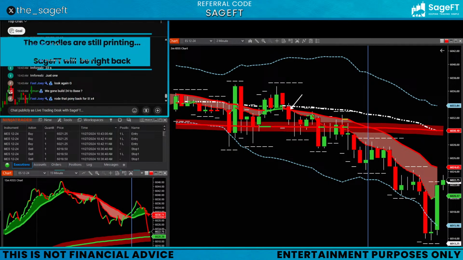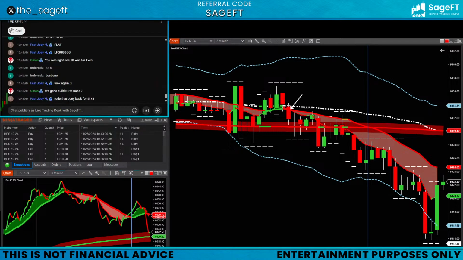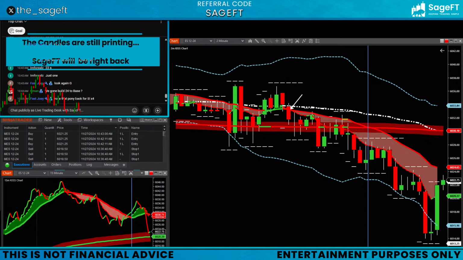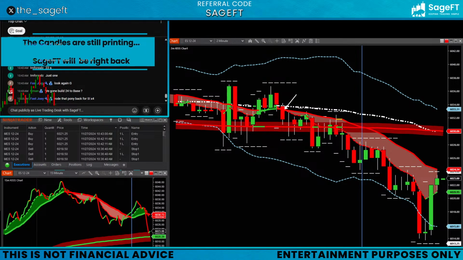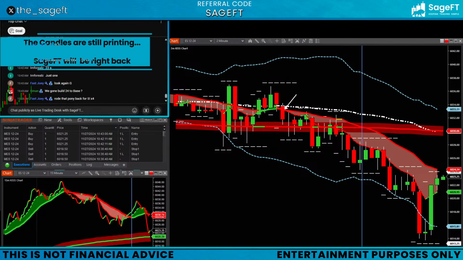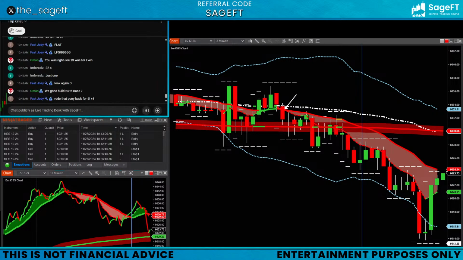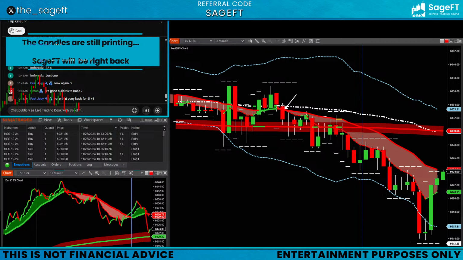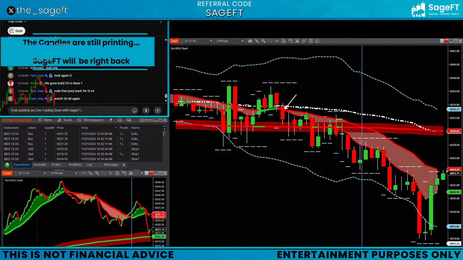1 minute till the 15-minute bar closes. Which way does it close? Above or below 24? Ethereum above 35.40. Wow. There we go.